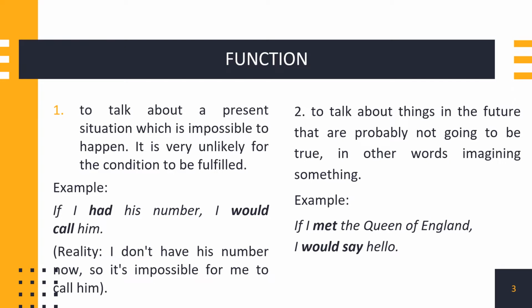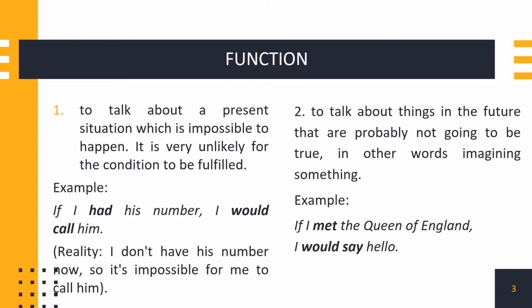Another example, if I had his number, I would call him. The if clause consists of if, subject I, and then verb 2 had. And then in the main clause we have subject I and then would followed by verb 1 call. It becomes, if I had his number, I would call him.